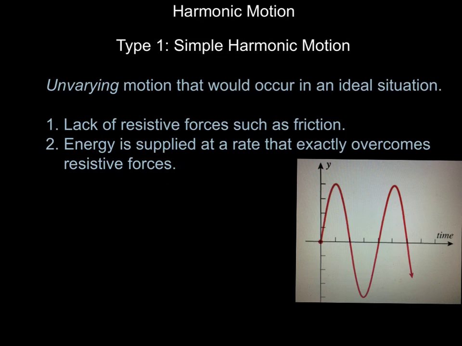Or the other option is that the energy that's being supplied to the object to keep it in motion exactly overcomes the resistive force. It's got to be that it exactly overcomes, so that it doesn't change. When you have simple harmonic motion, the amplitude and the period remain constant. Okay, so there won't be any change with that.